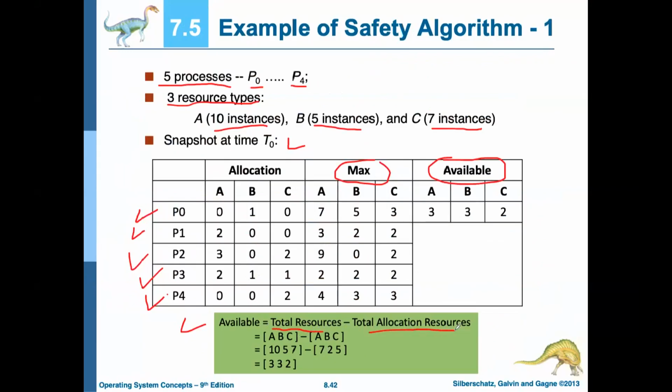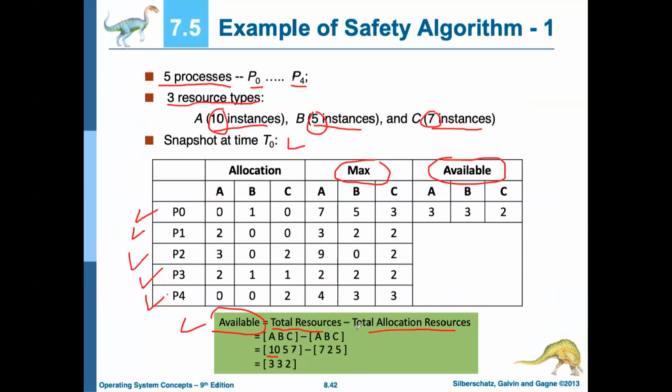In order to get the availability for A, B, C, we look at the total resources: total A is 10, total B is 5, and total C is 7. So here we have 10, 5, and 7.